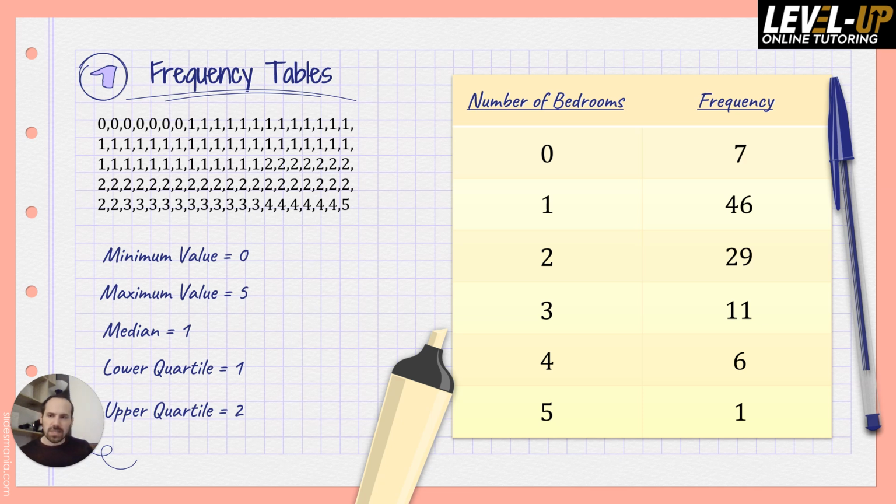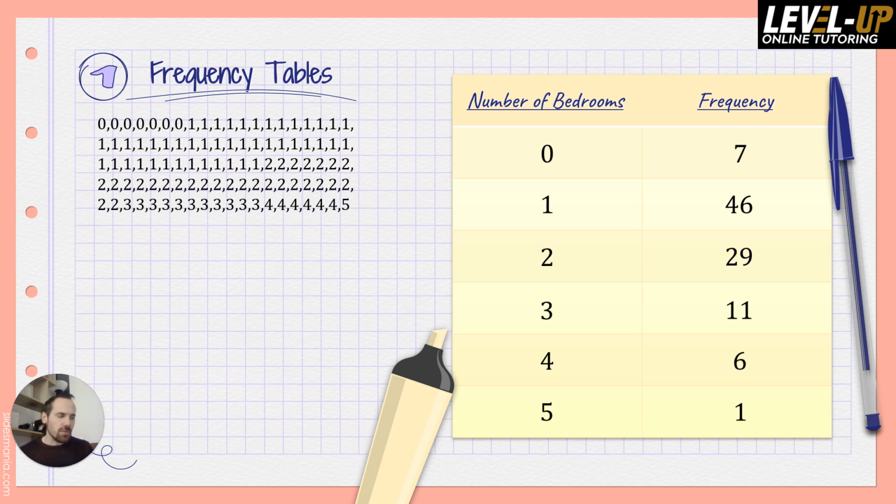Now for the mean, the arithmetic mean specifically. First of all, we need to get a sum of all the data points, and then we can divide by the total number of data points, which we know is 100. Adding up the frequencies gives 100 data points. Obviously we don't want to add them up from the raw data, doing 1 plus 1 plus 1 plus 1.